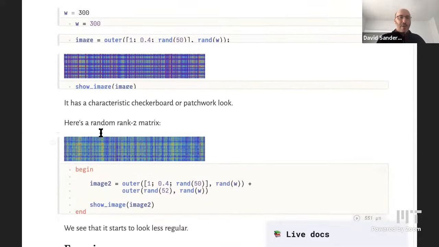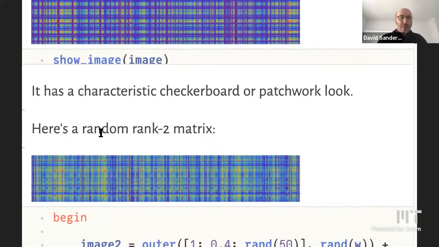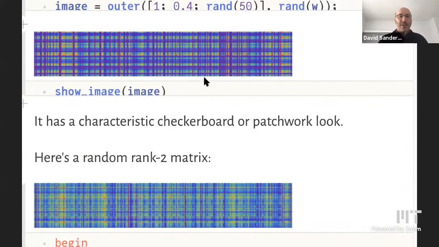So let's just remember what that looks like. Here is a rank 1 matrix, and this checkerboard appears because, again, each column looks the same, but it's scaled by some number. And so if we draw that with colors, we'll get some kind of repeating colored pattern, and the colors change according to how big the numbers are in each column.